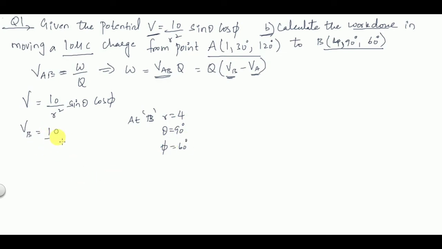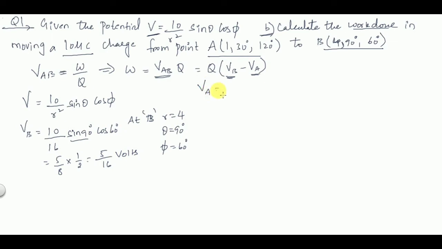So it will be 10 by R square, which is 16. Okay, so 10 by 16 into sin 90 degrees and cos 60 degrees. So 10 by 16 is 5 by 8, sin 90 is 1, right? So into 1 by 2, so it will be 5 by 16 volts.